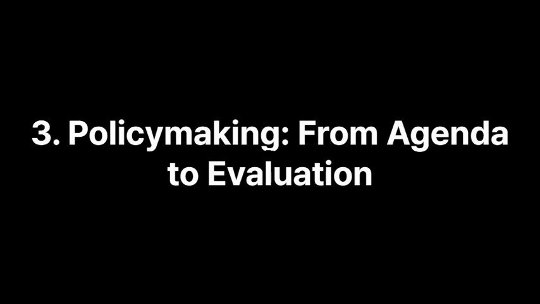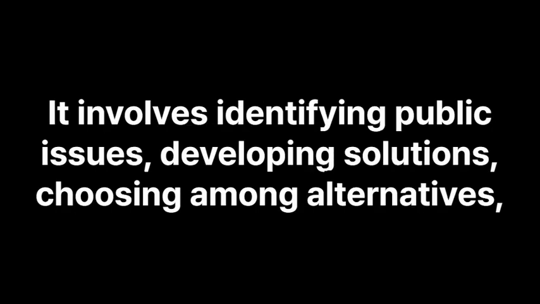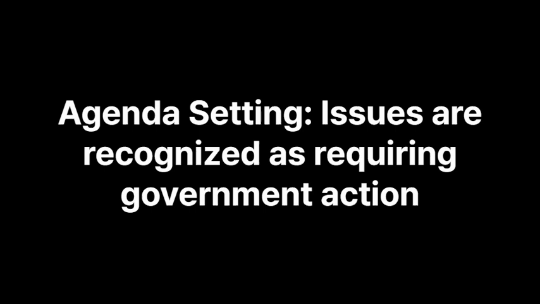3. Policy making from agenda to evaluation. Policy making is a structured yet contested process. It involves identifying public issues, developing solutions, choosing among alternatives, implementing actions, and assessing outcomes. 3.1 Policy cycle model. Agenda-setting: issues are recognized as requiring government action.